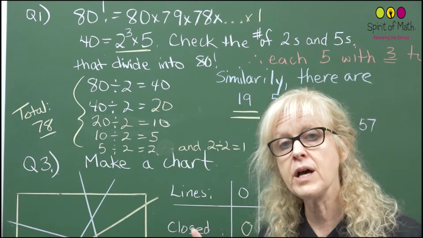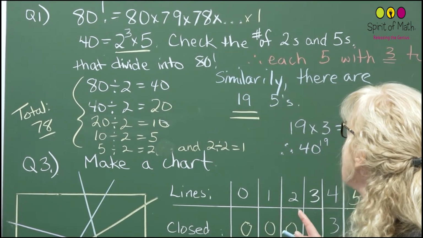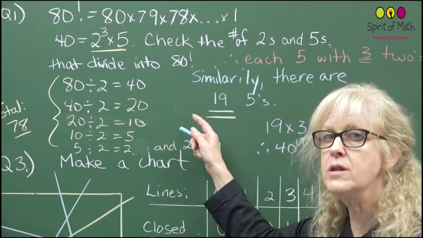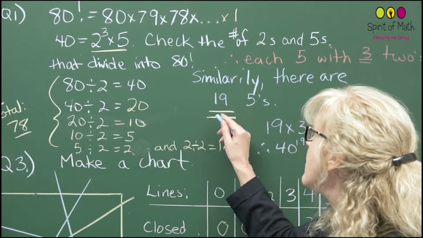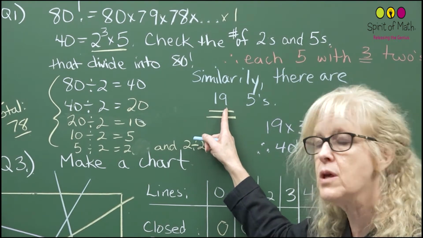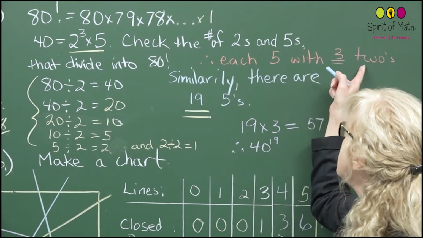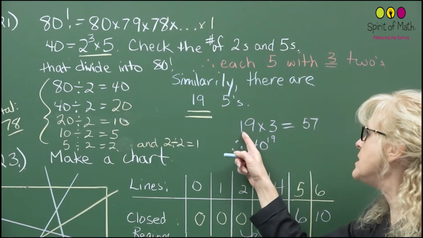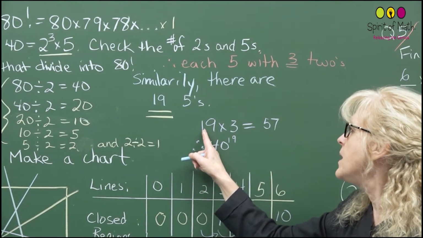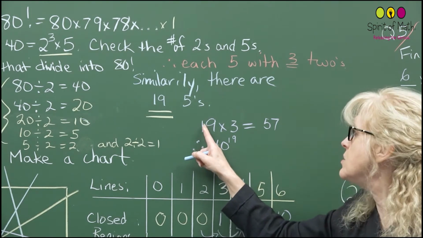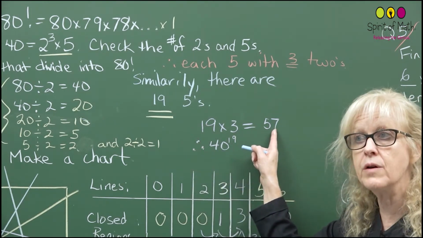Now you have to match that up with some 5's. So if you did the 5's and divided them out, you'd have 80 divided by 5, and then whatever that was divided by 5, you'll find out that there's 19 of them. Now, you have to match each 5 with 3 of the 2's. So what I did here is I said, okay, well, if there's 19 5's, and you have to match it with 3 2's, well, 19 times 3 is 57.